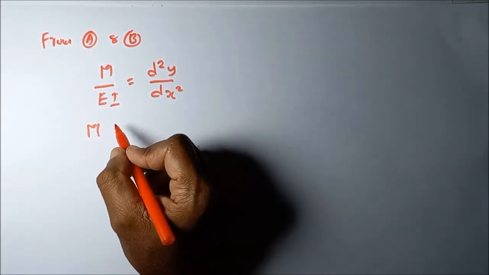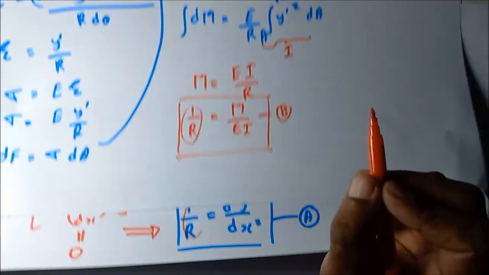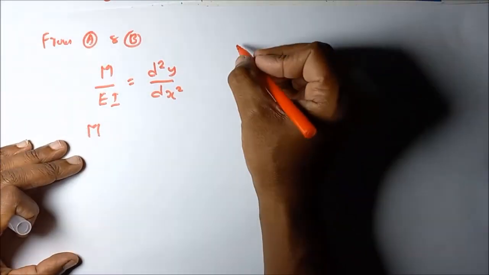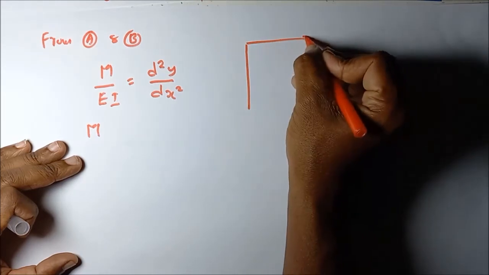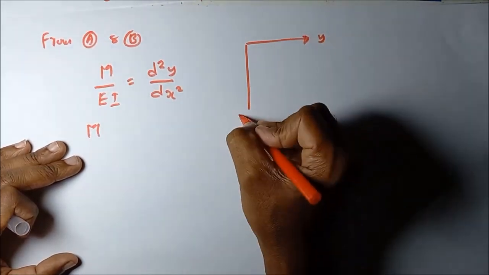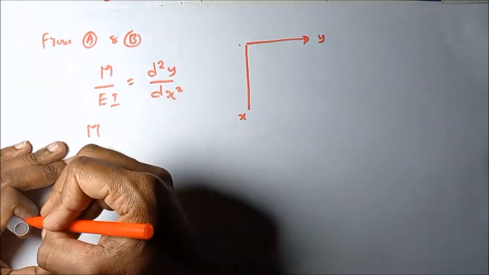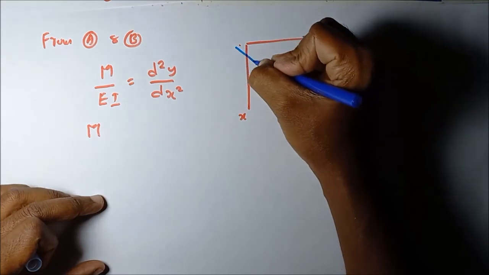Let me take the diagram again. This diagram. So I'll draw it in here. Then this is our coordinate system. Let me draw the beam.